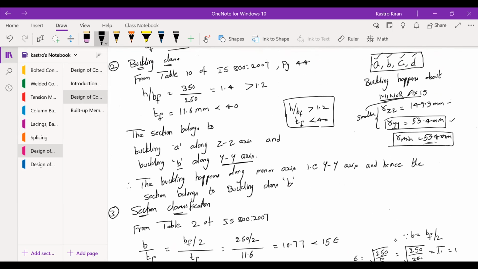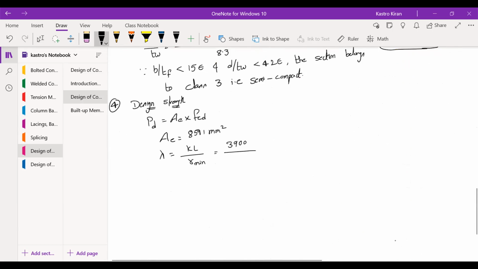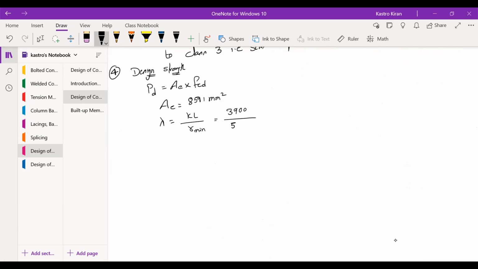It is 53.4. It is actually the least of rzz and ryy. In these two values, whichever is the least, you have to take it as r min. So if you solve for the lambda value, it will be 43.03.